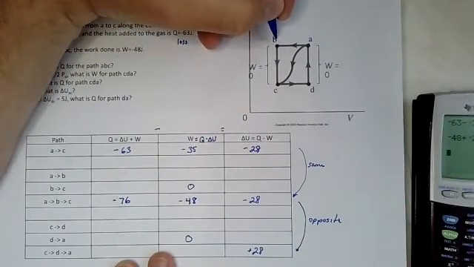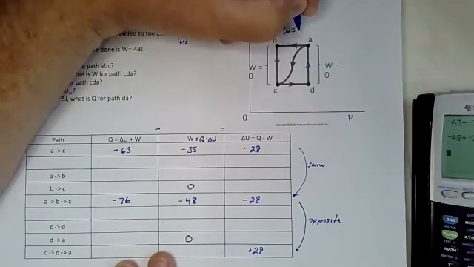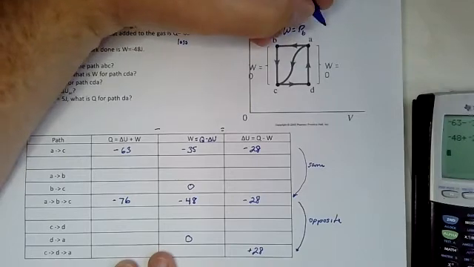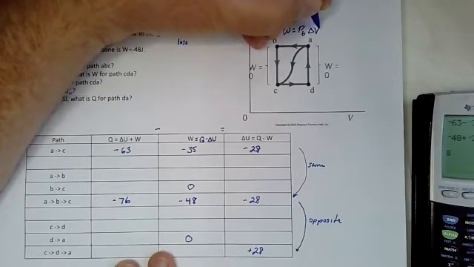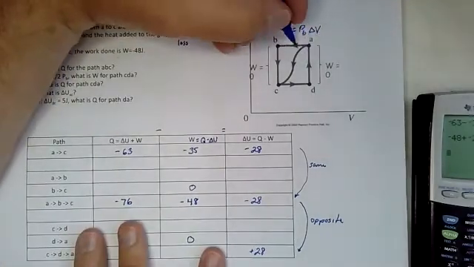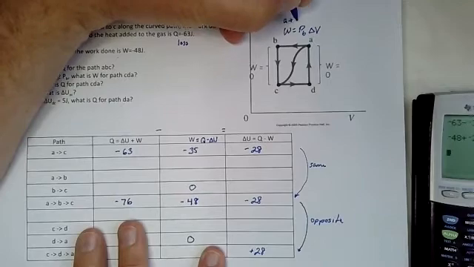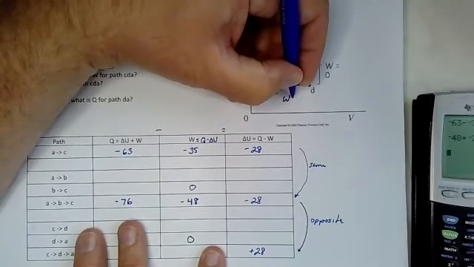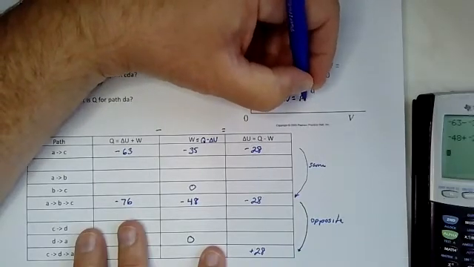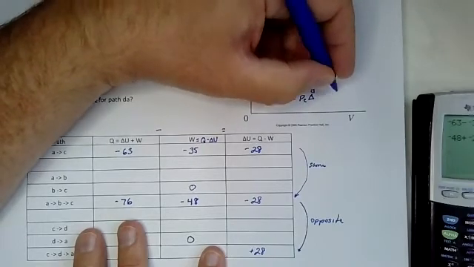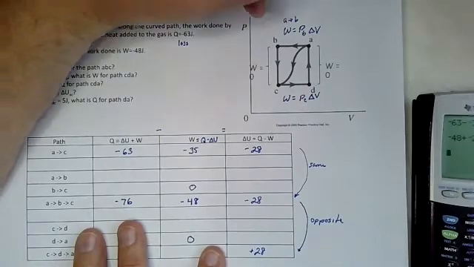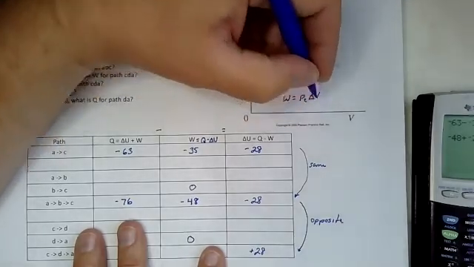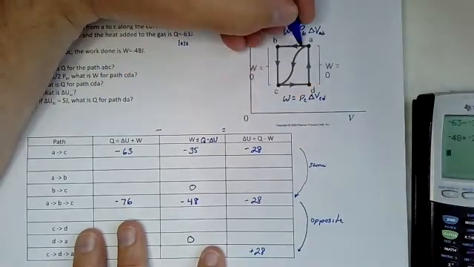So this work would equal the pressure at B times the change in volume, and that's along this path, so that's along A to B. And this one, C to D, the work done down here is equal to pressure at C times delta V. I'm going to write delta V going from A to B, and this is delta V going from C to D. And you'll notice that those are opposites of each other.